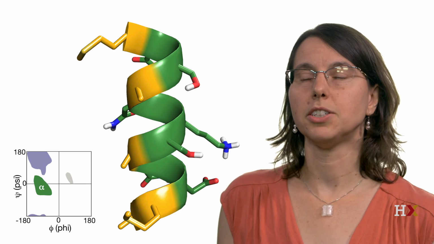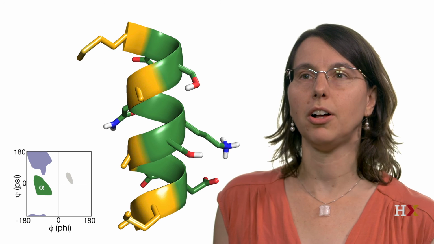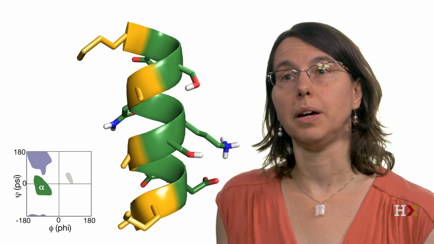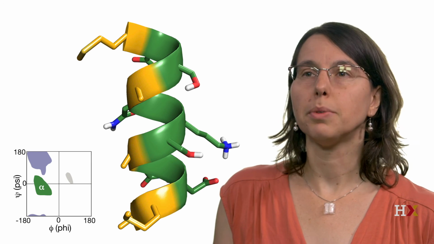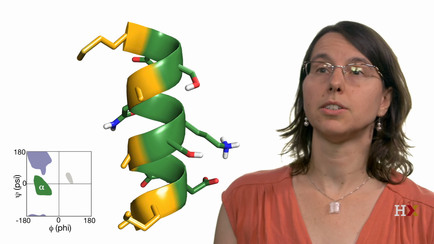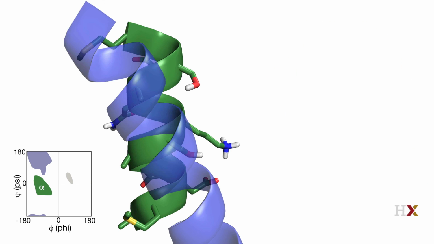So on this helix, you can see the yellow residues are the hydrophobic residues, and they all fall on one face of the helix. And if you count them in the primary structure, they're all about 3 or 4 residues apart. And that allows this particular helix to form a hydrophobic core by packing against another helix, which I'm now showing here in blue.